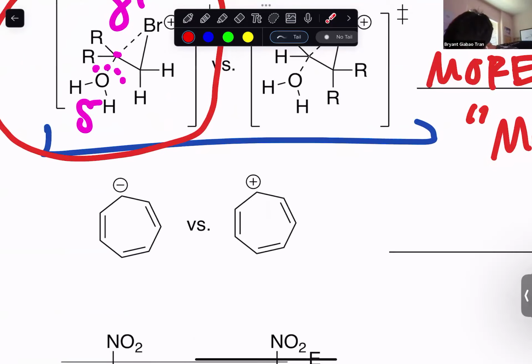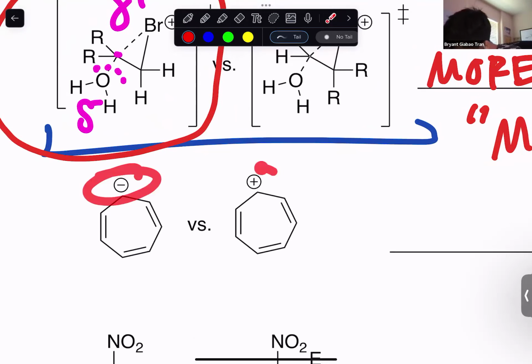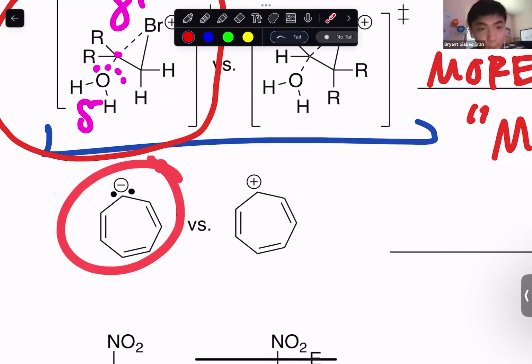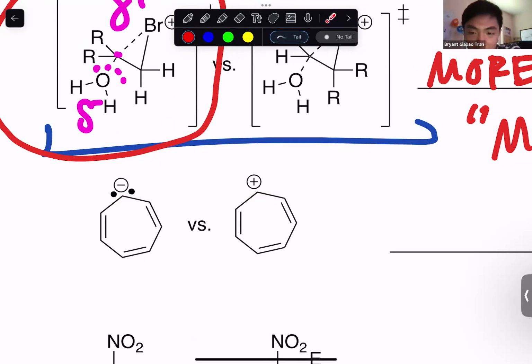Oh, yeah. This is a negative charge. This is a positive charge. So when you have a negative charge, think of a pair of electrons like that. Is this aromatic, anti-aromatic, or non-aromatic? These three conditions are all met. They're all cyclic, they're all planar, and they're all conjugated, right?